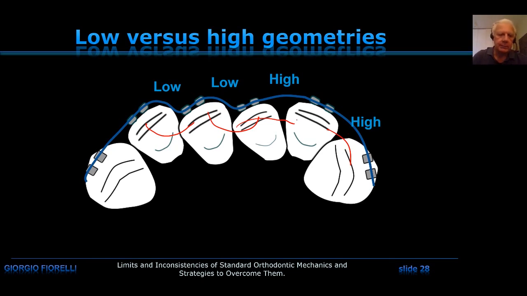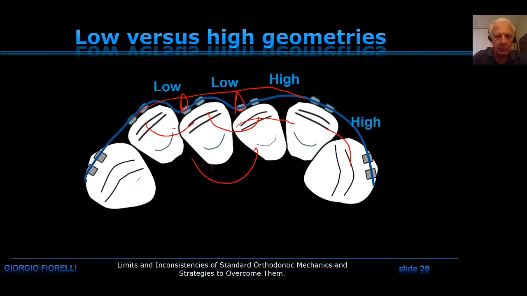Maybe many of you have heard about geometries for the first time now, but every one of you that has tried to align these teeth knows very well that it's very difficult to engage the wire here, and that the rotation of this 2 incisor here is very, very difficult.